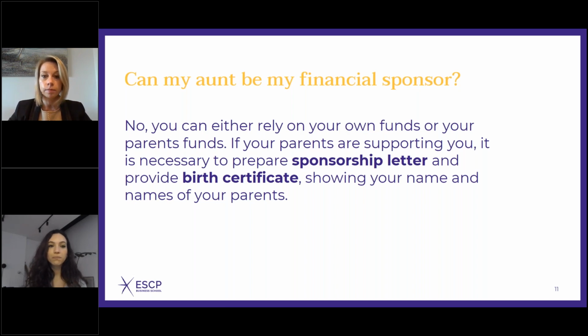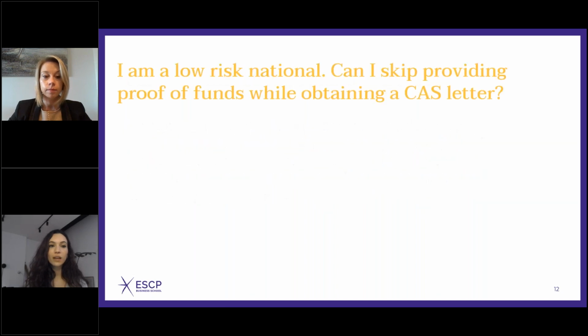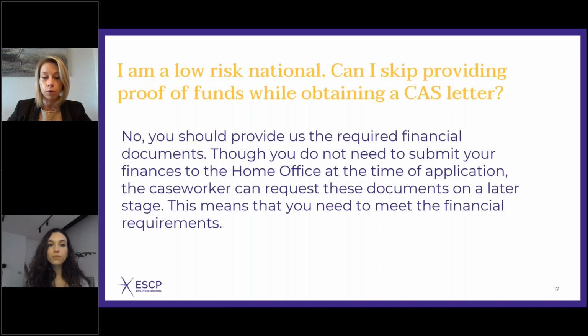Okay, great. And then another question. I am a low-risk national. Can I skip providing proof of funds while obtaining a CAS letter? So yes, if you are a low-risk national, as I said before, you don't need to provide the proof of finance at the stage of application, but you might be requested by the caseworker to provide this document at a later stage.